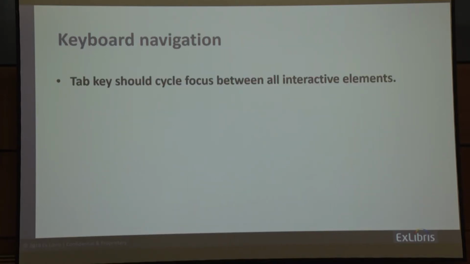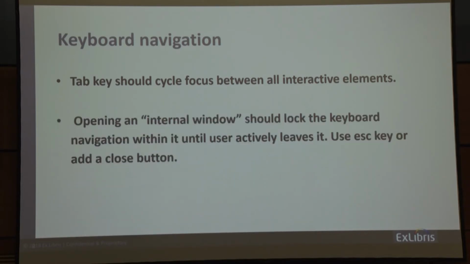Okay, keyboard navigation. That's an important thing, obviously. The tab key should be able to cycle through all of the actionable elements on the screen, all of the main elements on the screen. And opening an internal window or a widget should lock the keyboard navigation inside it until the user decides actively to leave it.